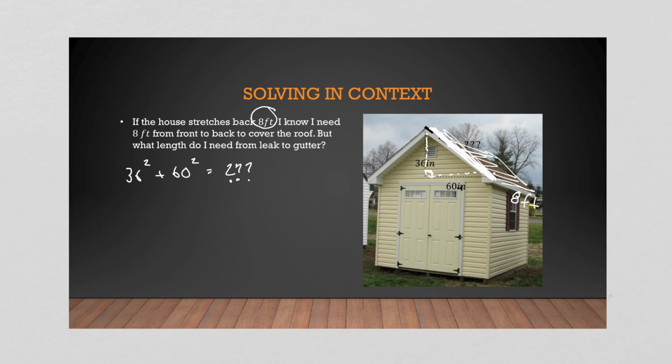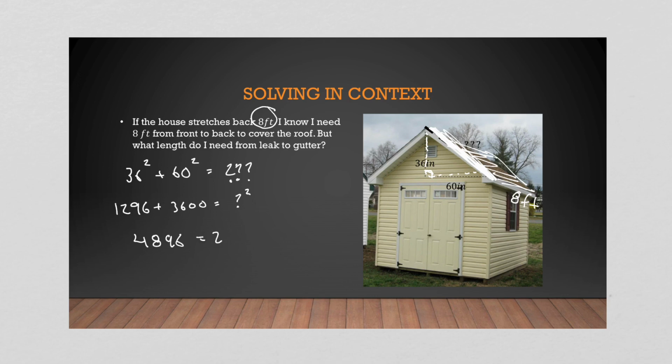So 36 squared is 1,296 inches. 60 squared is 3,600 inches. And that will give us our diagonal length squared. So 3,600 plus 1,296, we get 4,896.